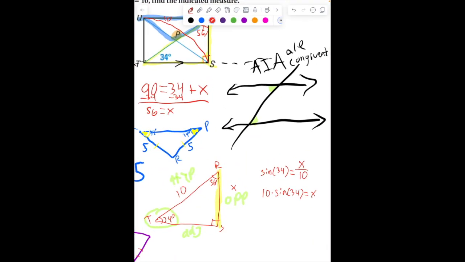Let's double check it from our other angle. Going from here, this becomes adjacent, this becomes opposite, and the hypotenuse stays the same. This time I'm going to use cosine. So cosine of 56 equals x over 10. 10 cosine 56 equals x.